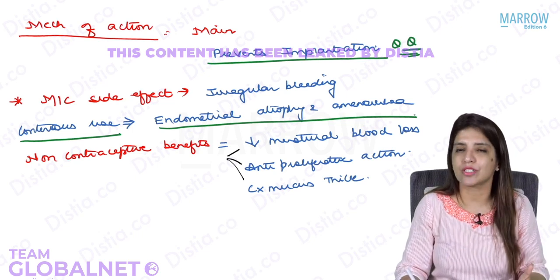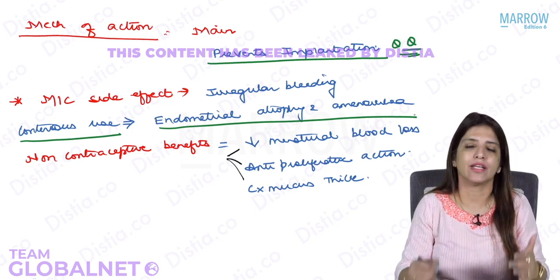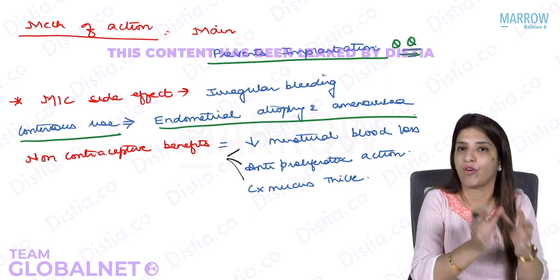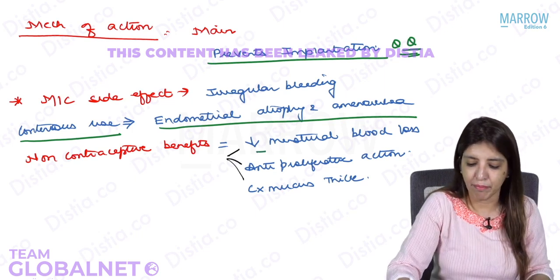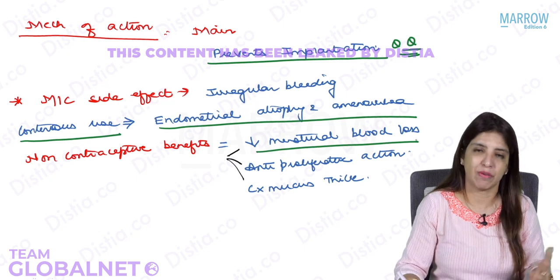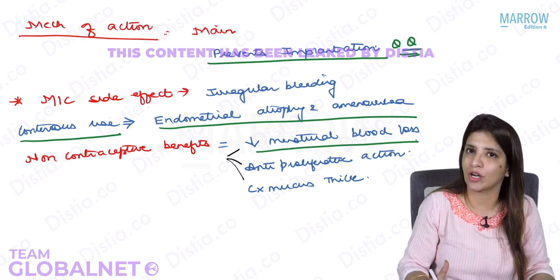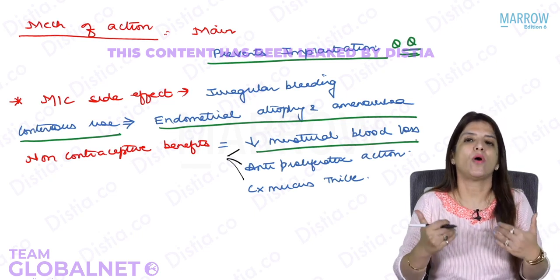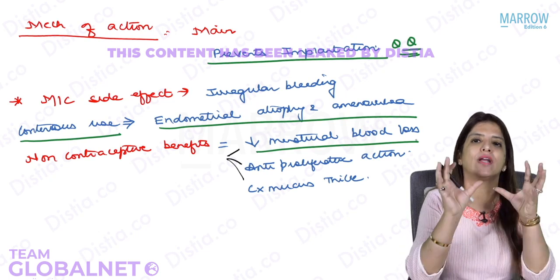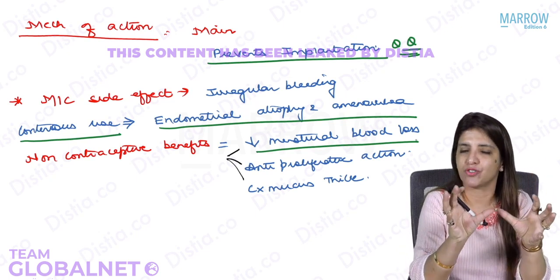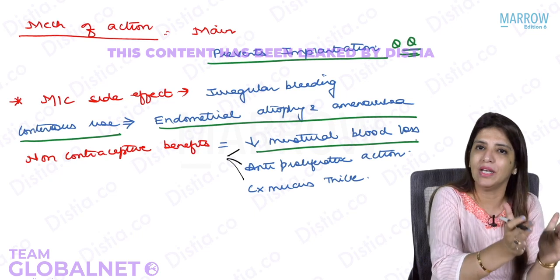The non-contraceptive benefits of Mirena are because of three effects of Mirena. Number one, it will decrease menstrual blood loss. It is a progesterone-containing IUCD. Progesterone is going to stabilize the endometrium and so menstrual blood loss will decrease.